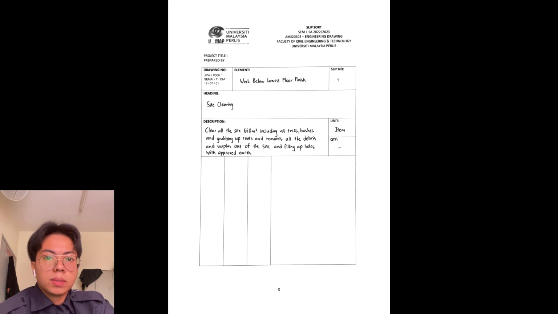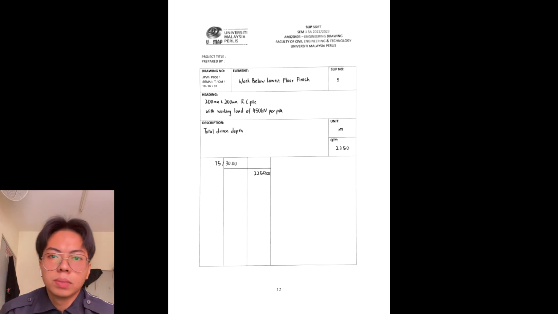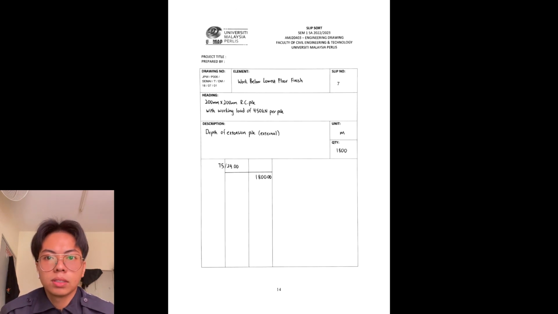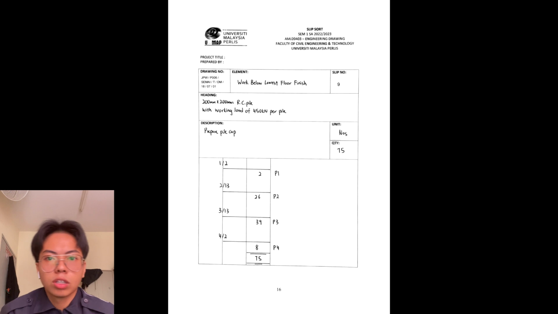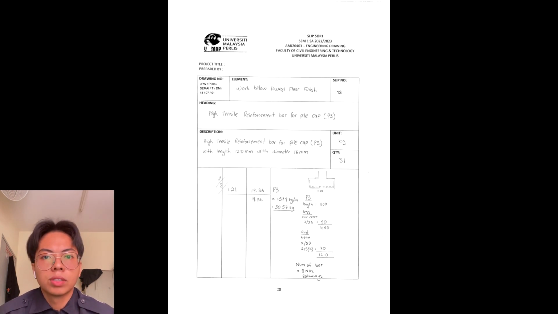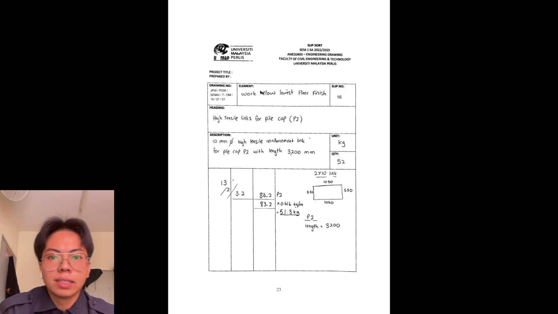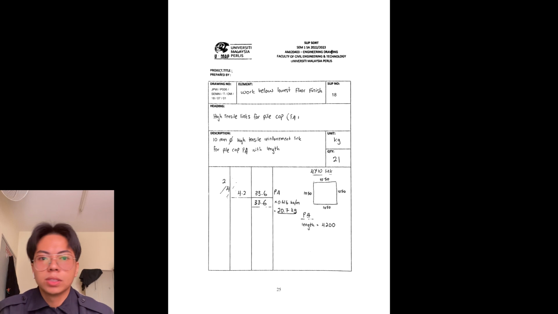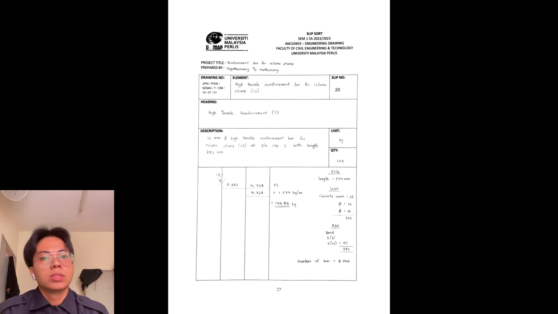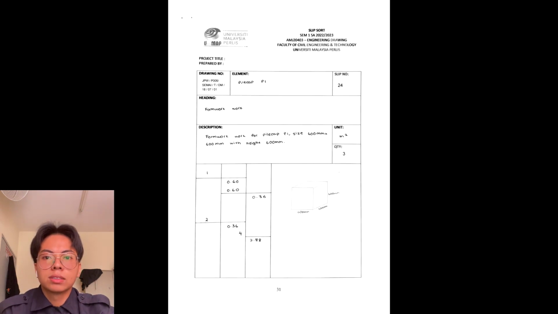In conclusion, in this report, the bill of quantity of the substructure work for the new school in Hulu Bernam, Perak has been compiled. This report encompasses the total cost of the substructure work, which includes taking off, slip sheet, and bill of quantity. Moreover, we learned how to prepare a bill of quantity for the tendering process as a result of this mini project. Also, we were able to utilize the standard method of measurement 7 while doing this calculation for the slip sheet.